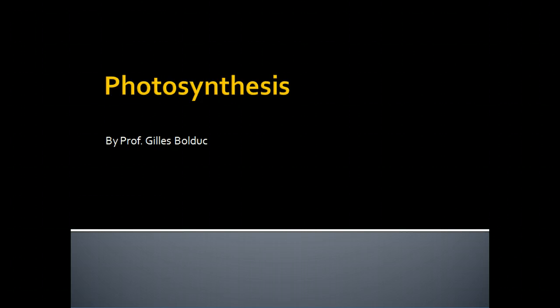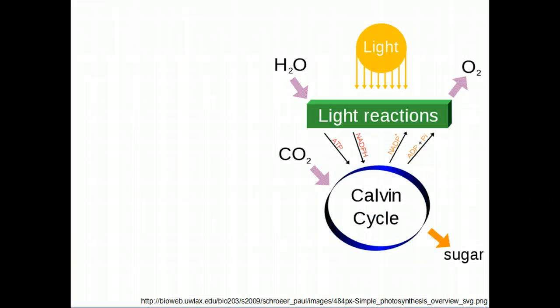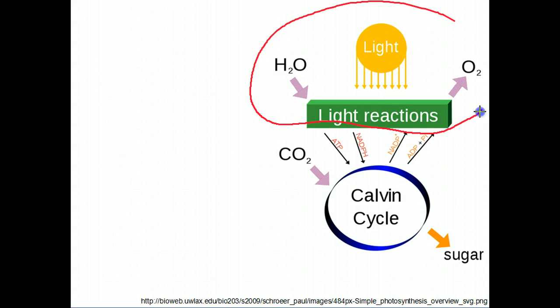So we're going to first take photosynthesis and break it down into two major sub-pathways. The first one is going to be light dependent. We take light in the presence of water. The cells are going to break down that water.